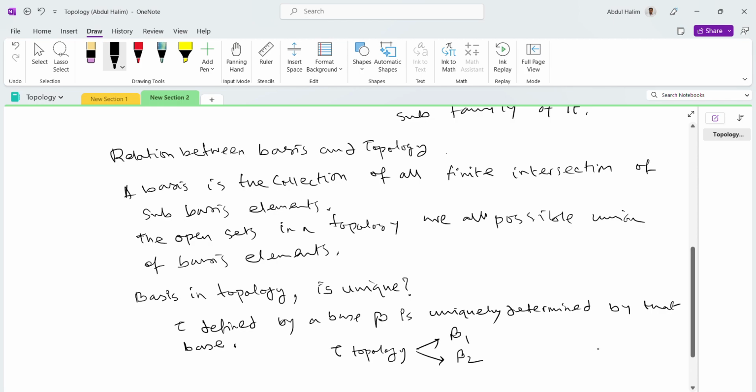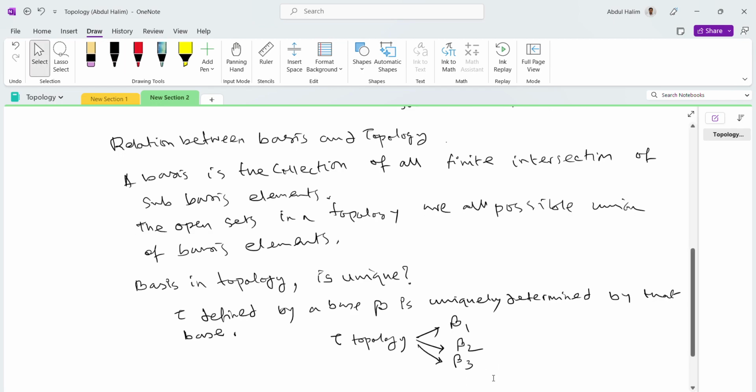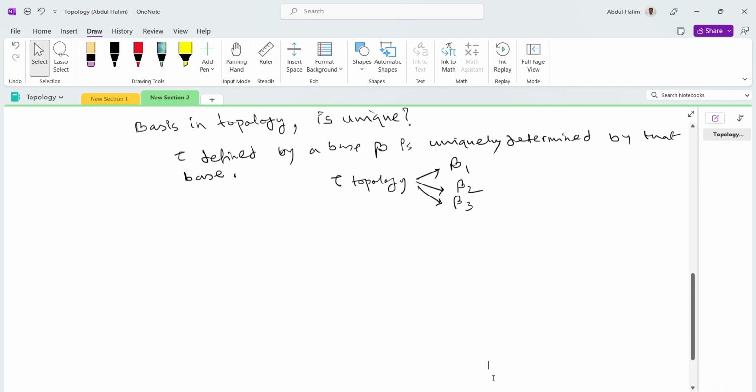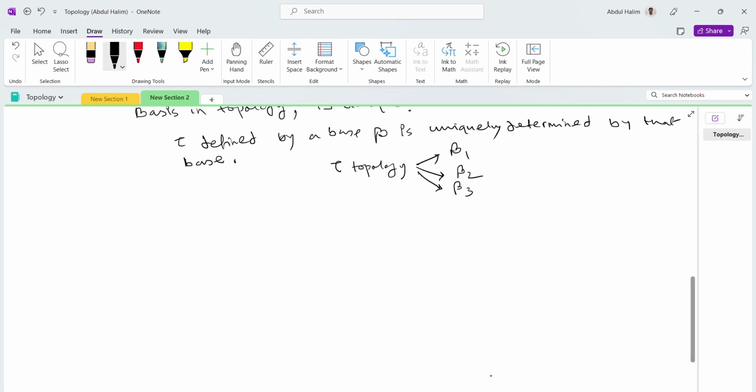But I want to assure you that a topology may have basis 1, basis 2, basis 3. It can be defined by many bases.